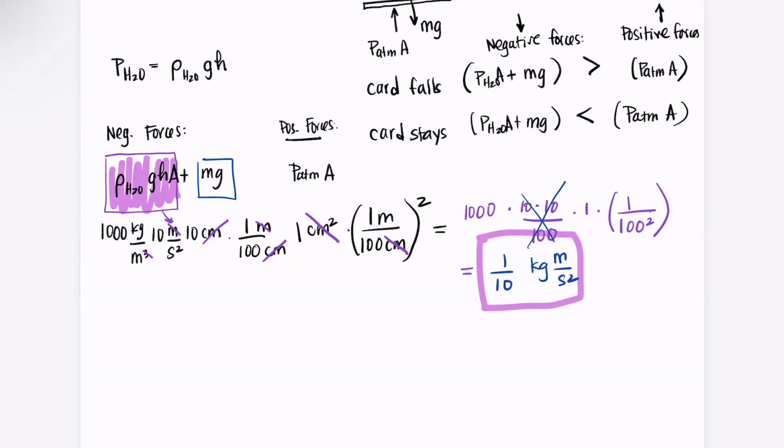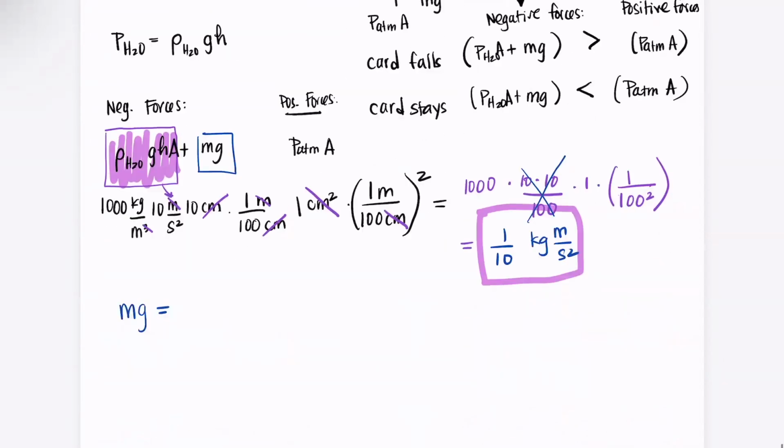And then our next term we want to do is m times g. So our mass is 1 gram times 10 meters per second squared. We need this to be in kilograms times meters per second squared. So we have 1,000 grams per 1 kilogram. So we get rid of our grams in favor of kilograms here.